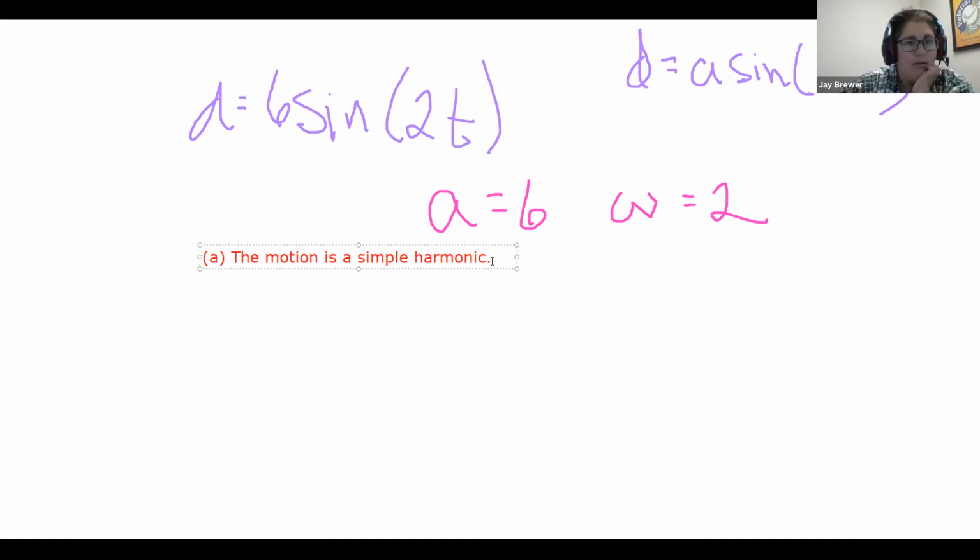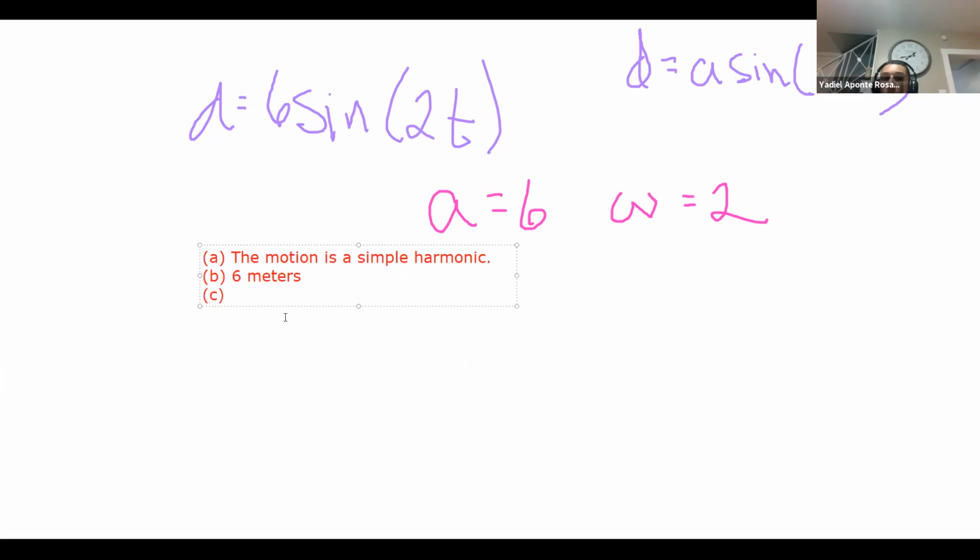Now for B, B wanted to know the maximum displacement of the object from its resting position. So what's that going to be? Wouldn't it be 6? Okay, you just find that by taking the absolute value of A.